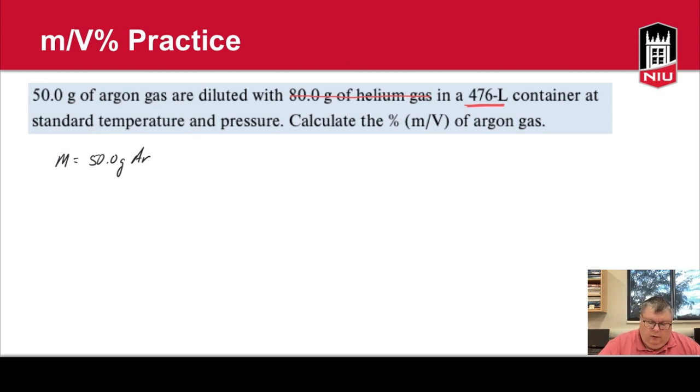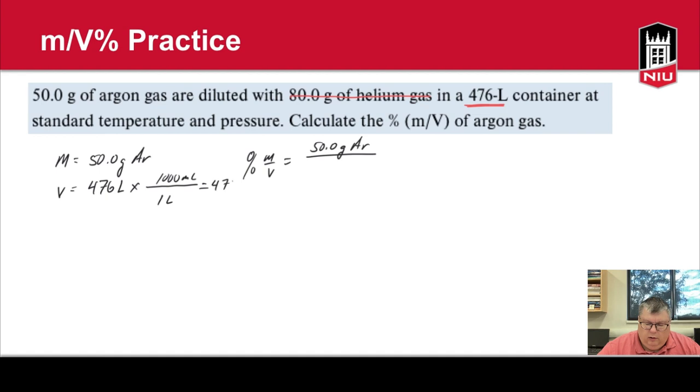So our volume is 476 liters. Now remember that we've got to turn this into milliliters. So 1 liter is 1,000 milliliters. And our percent mass to volume is equal to 50.0 grams of argon over 476,000 milliliters times 100 to make it a percentage.